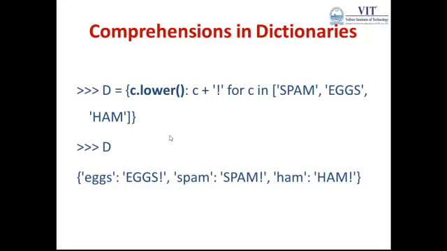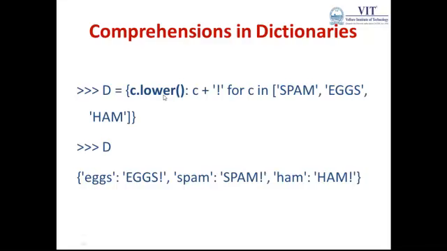As usual, spam is my first item key and then the corresponding value. Remember, spam is given in all uppercase, but my format says lowercase, so that's what it is coming with.